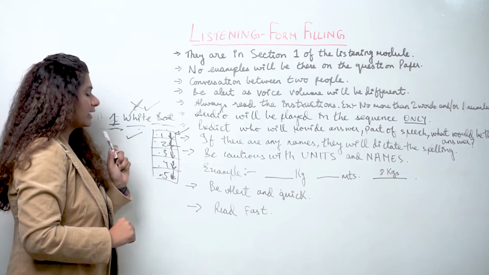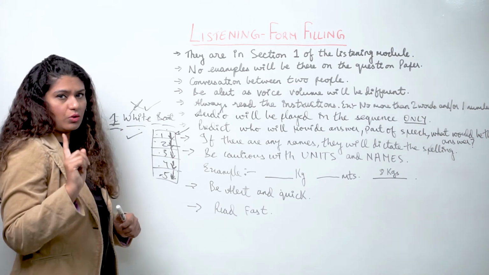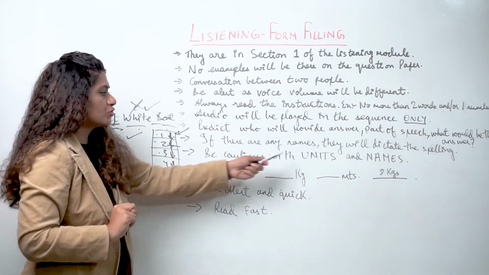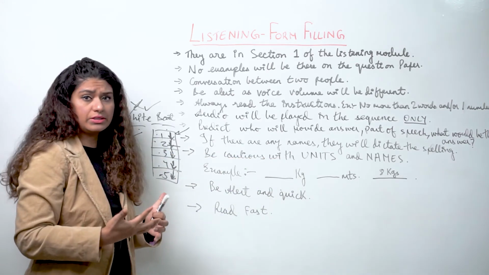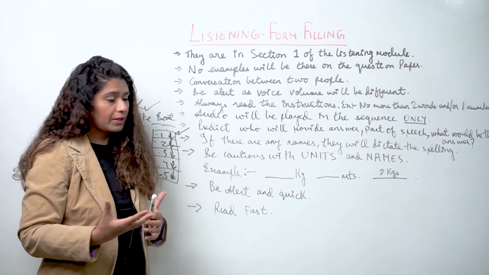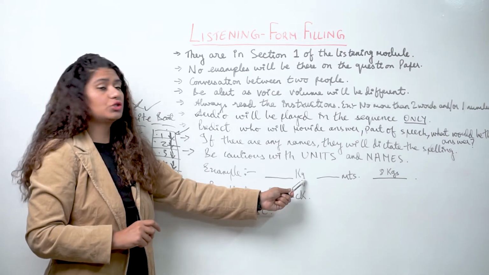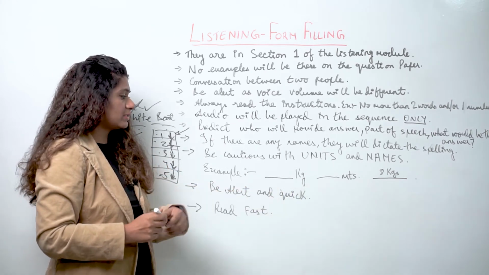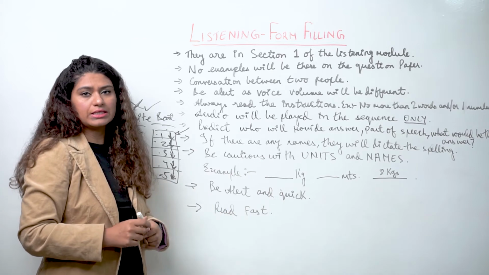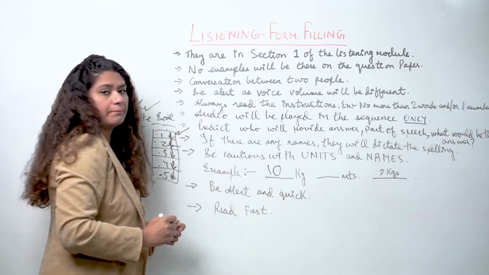When this kind of question is there in the form filling, be alert and be cautious. When I talk about units, they can be kgs, meters, anything. If your form already mentions the unit after the blank, you don't have to mention it in the answer and you would just mention the number.